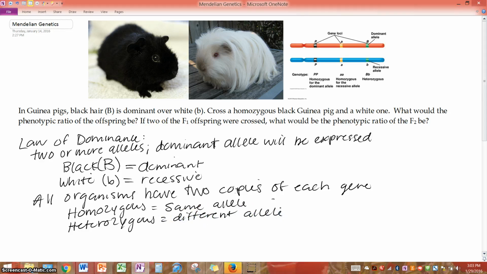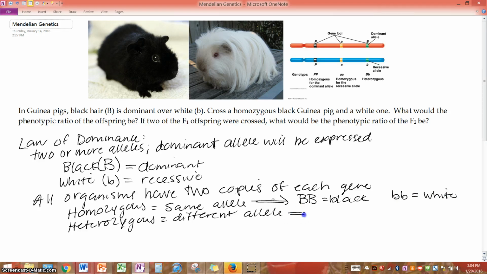For our example, we're working with a homozygous black guinea pig. So same allele, the dominant allele, so we're going to have two copies. You could also have homozygous for our recessive allele because we're not expressing any of the dominant. We know that the white one, little b, is also homozygous, but this one is going to express white because it lacks a dominant allele.